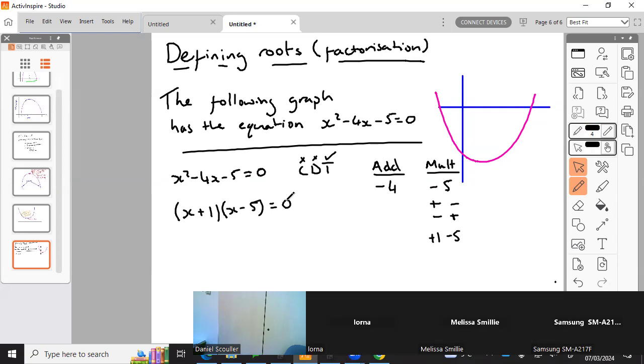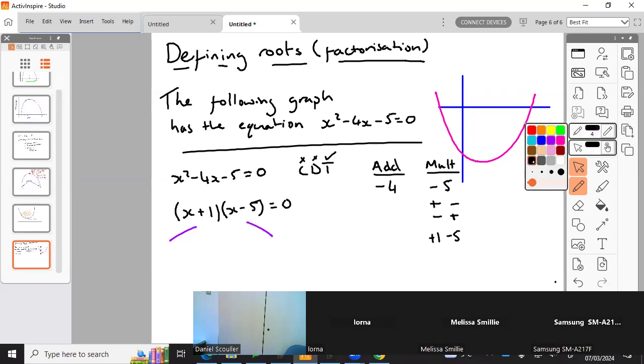Now the final line is working out the values of x. All we do, the final step for us, is take both of these brackets and take them to one side. So we take one over here, we take one over here.